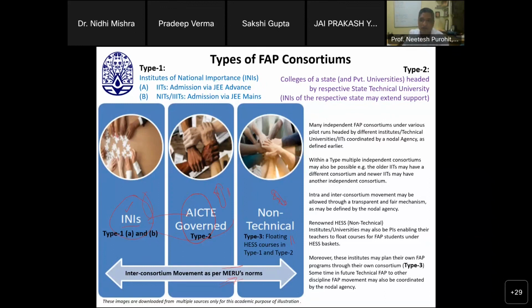One way is given over there. Another way we are suggesting here is what a MERU should be, as a coordinating agency, a nodal agency for these consortiums.